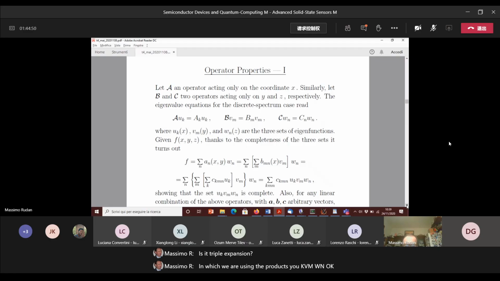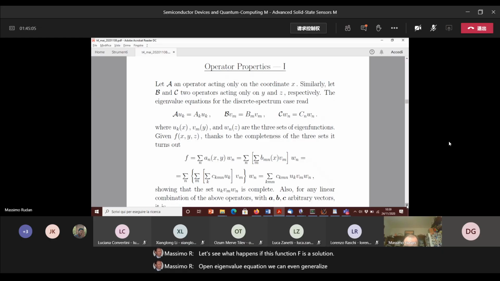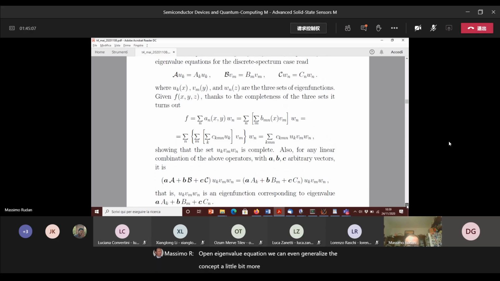Okay, but there is more. Let's see what happens if this function f is a solution of an eigenvalue equation. We can even generalize the concept a little bit more.